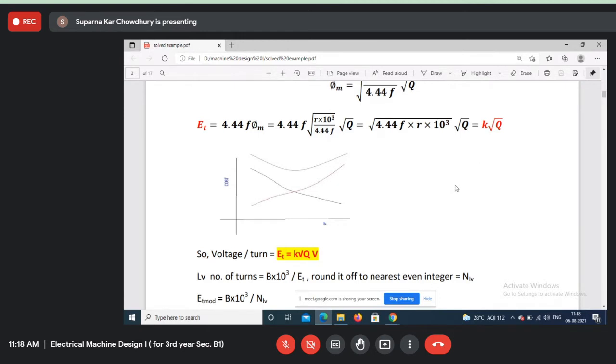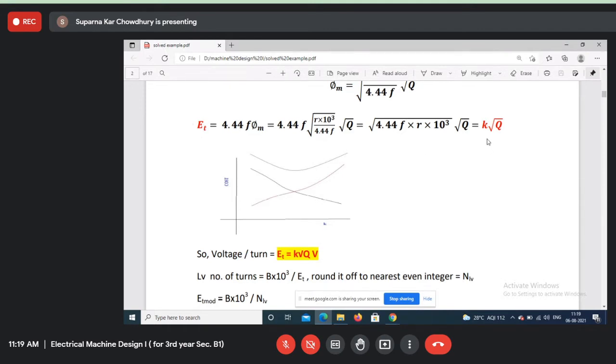If we vary K, when you calculate, you will see that the two main costs, copper cost and iron cost, will change. For example, say K has a particular value. Say we have decided K as 0.5. So putting the value of Q, we will get a value of ET.